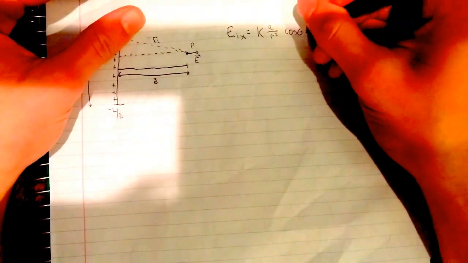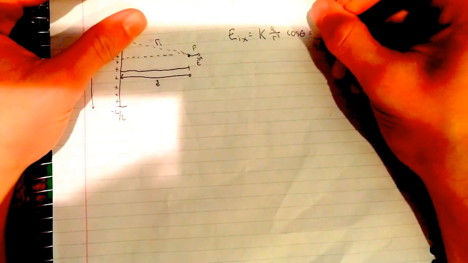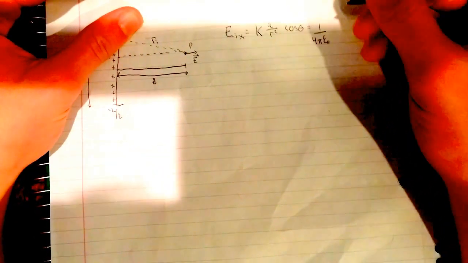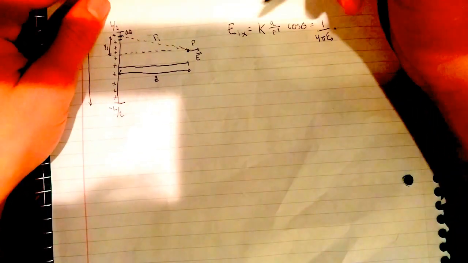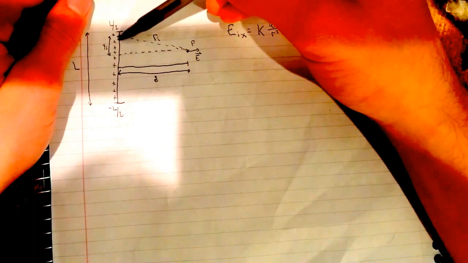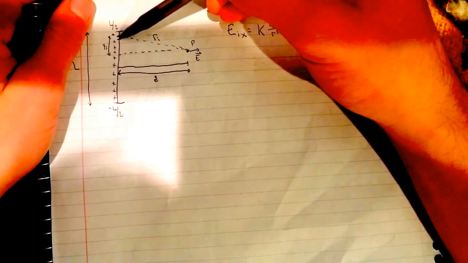And then we can say that k is equal to 1 over 4 pi epsilon naught times, now in this situation we're using this specific piece of the rod and finding its effect on this point here. So the charge in just this piece of the rod we're using as delta Q.